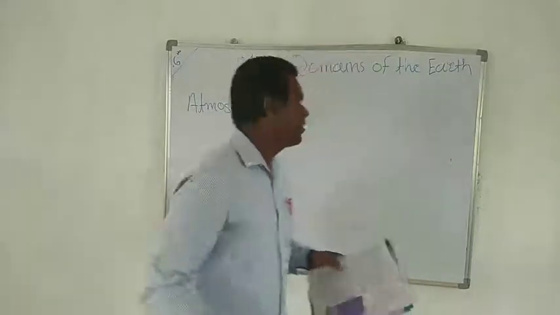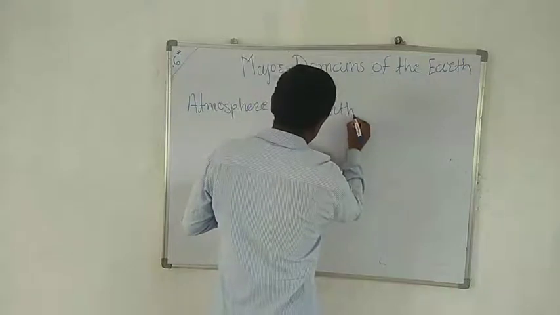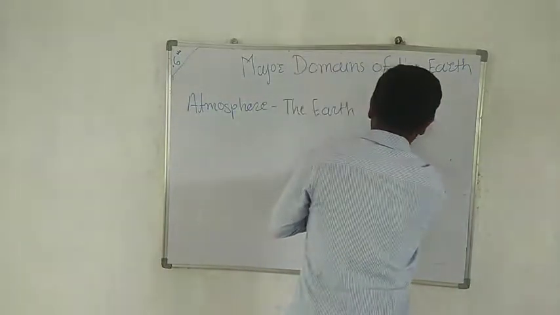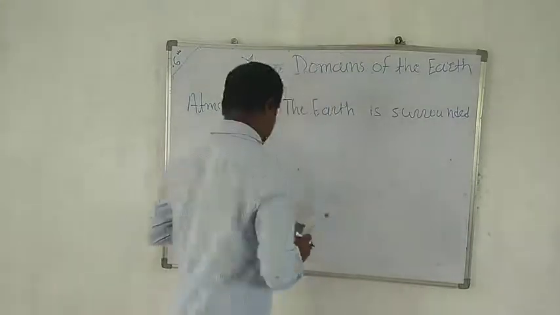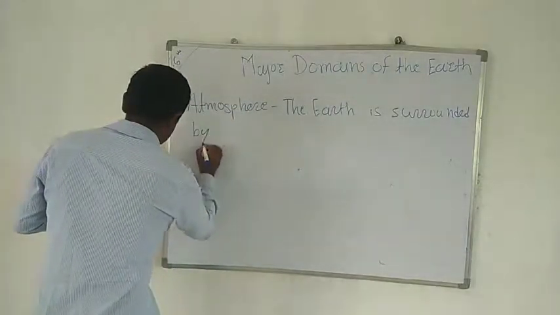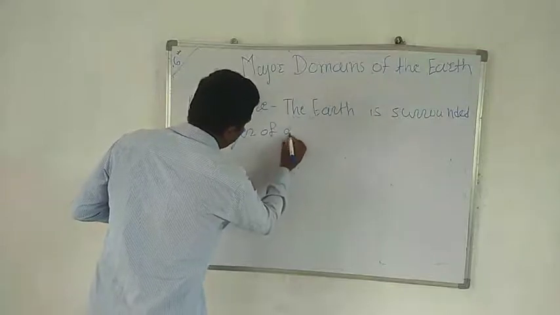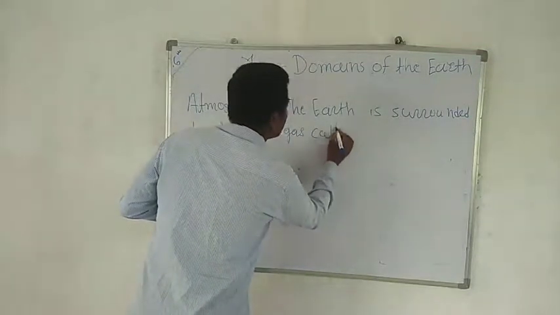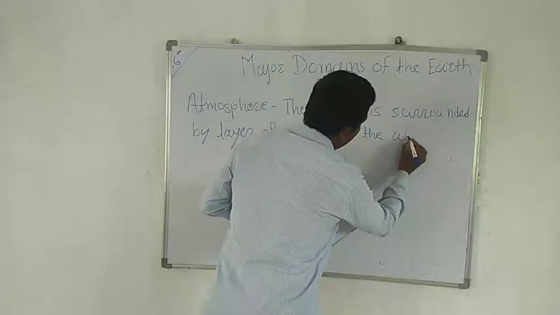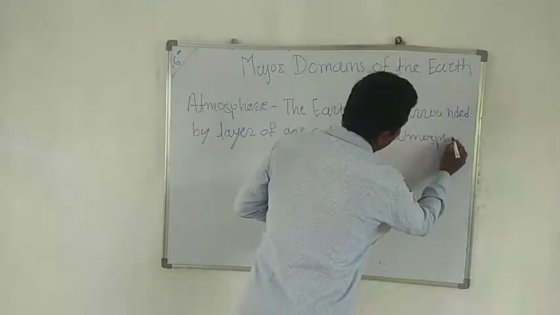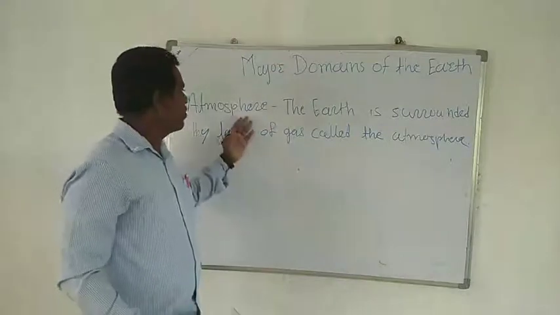Write the definition of atmosphere: the earth is surrounded by a layer of gas called the atmosphere. This is the definition of atmosphere.